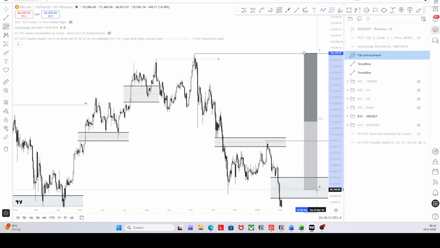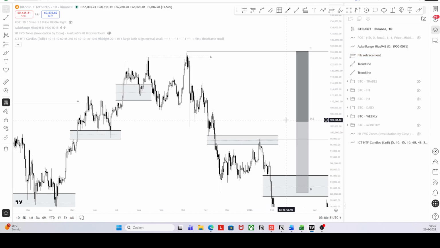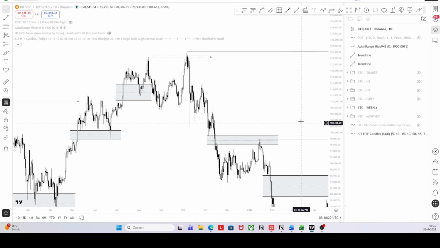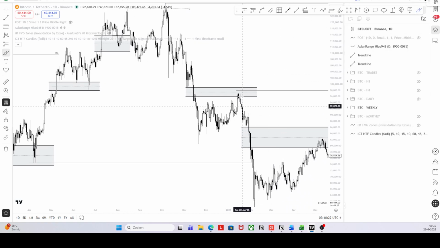It's only, I would say, around 0.382 of the move, whereafter it just rips again.